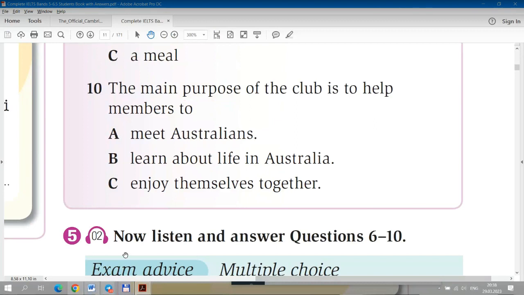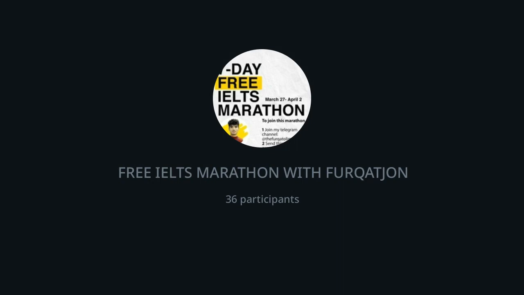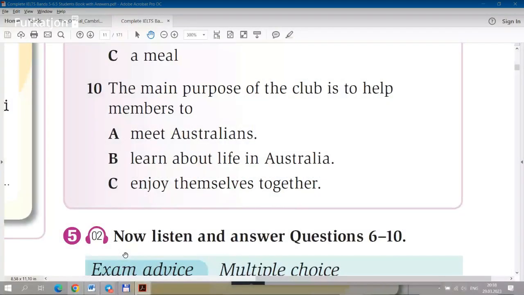Or go to a concert together or something like that. Okay, that sounds fun. And the members aren't just people from other countries, non-Australians, are they? No, not at all. The main point of the club is to give people like you the chance to mix in more with people from this country, people of all ages. You'll find us very friendly.